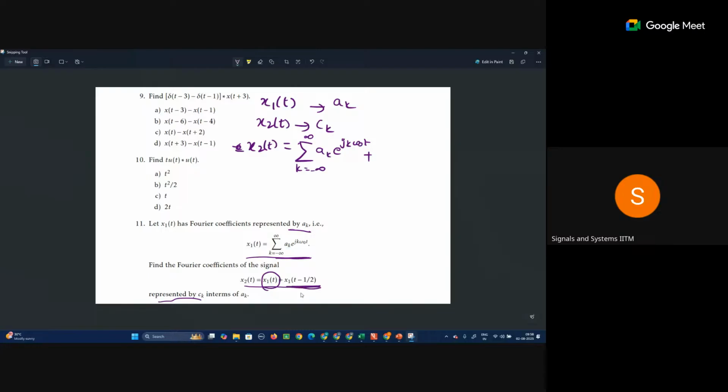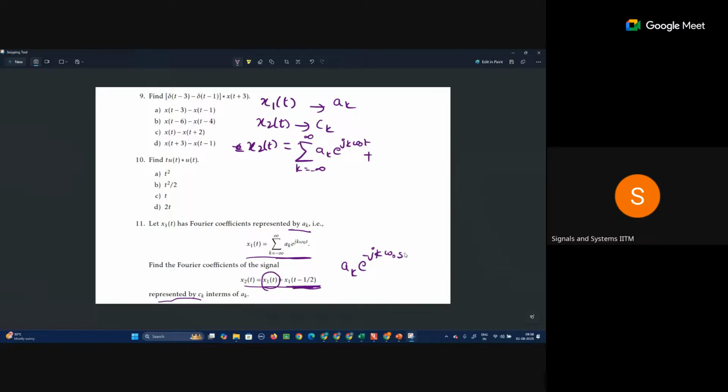There is one property in Fourier coefficients: if it is shifted by s units, its Fourier coefficient will be multiplied by a constant, a_k times, with a minus sign, e^(minus jk omega naught s).